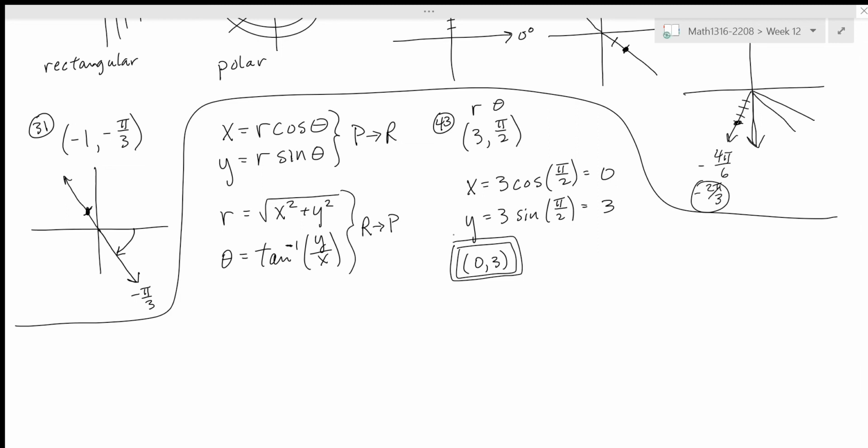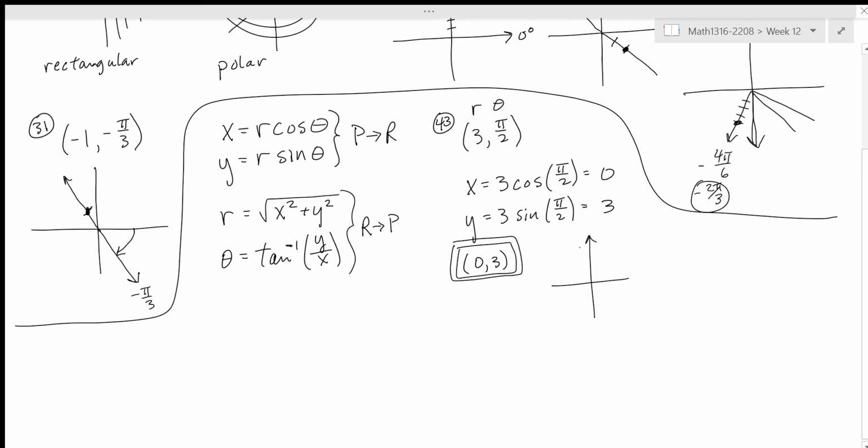Yeah. So does that mean that 3, pi over 2 is equal to 0, 3? It does. And in fact, I have a quick way to check that to make sure we did the math right. Because if these ordered pairs are equivalent, they should plot in the same spot. So let's plot both of these and see if they land in the same spot. Okay, so which direction is pi over 2?